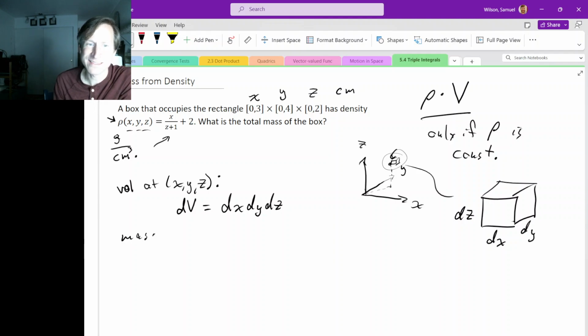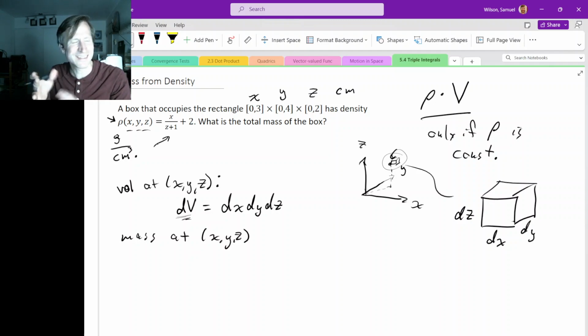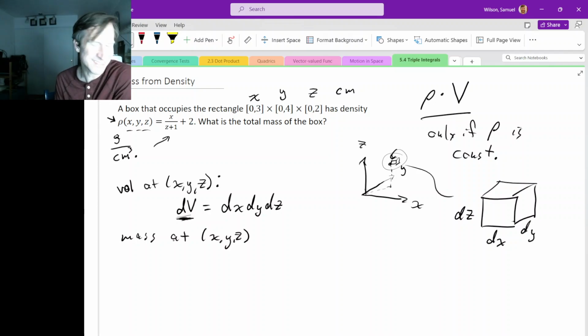So what's the mass of the speck of material at the point x, y, z? Well, here's where we get to take advantage of the fact that we've taken an infinitely small bit of volume. For an infinitely small bit of volume, the density can't really change, because density changes as you move over some extended distance, but we're talking about infinitely small distances. So the density doesn't have time to change.